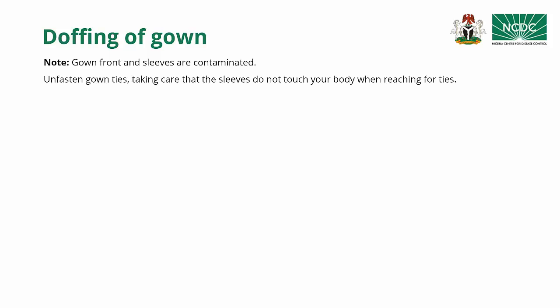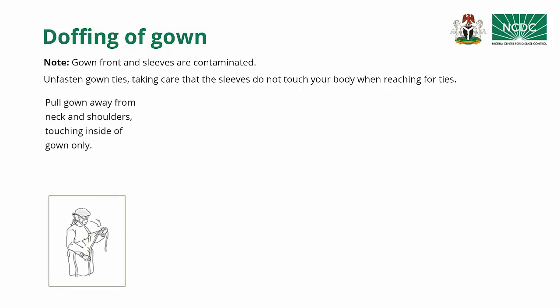To doff gown. First, note that the gown front and sleeves are contaminated. Please do not touch it when doffing the gown. You will begin by unfastening gown ties, taking care that the sleeves do not touch your body when reaching for ties. Pull the gown away from the neck and shoulders, touching the inside of the gown only.